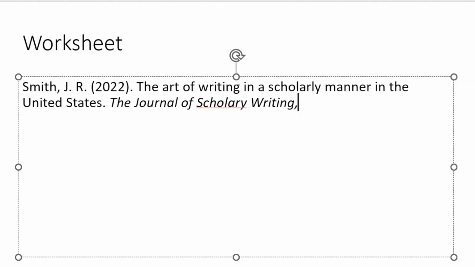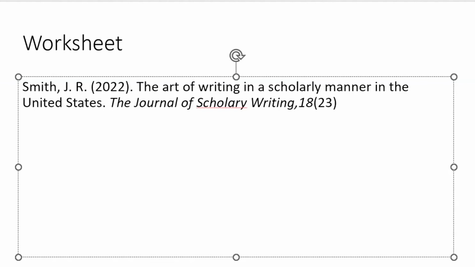Comma. The volume number could be 18. It's in italics. Take yourself out of italics and put the issue number. And you note that there is no space between the volume number or the issue.